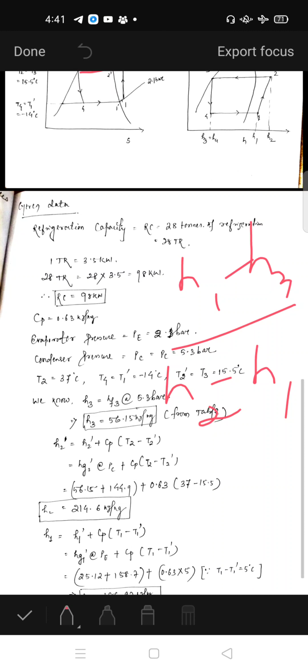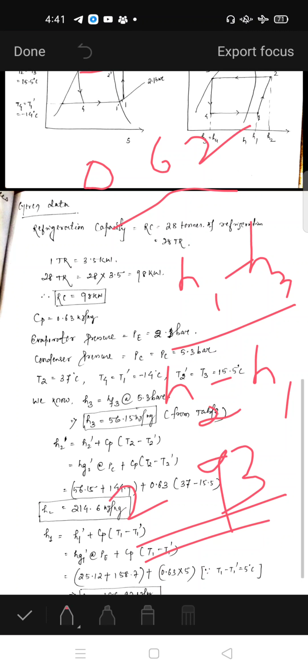Put all the values and you can find the theoretical COP, that is 4.73, and the relative COP is 62%, that is 0.62. What is the relative COP? It is the actual by theoretical. Can you find the actual COP? Yes, actual COP will be 62% of the theoretical COP. So the actual COP will be 2.93.